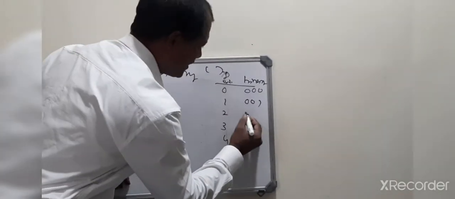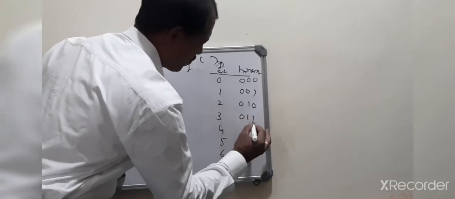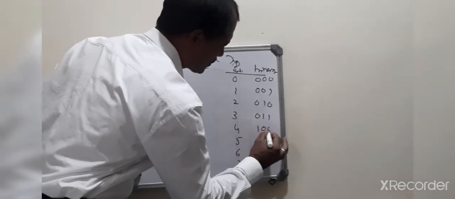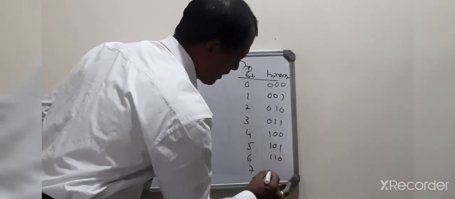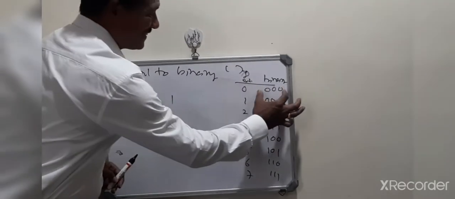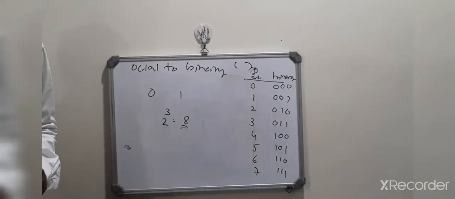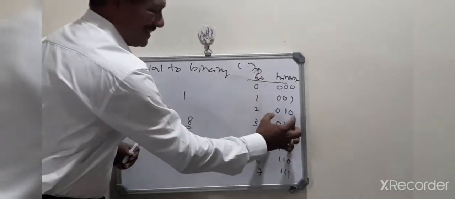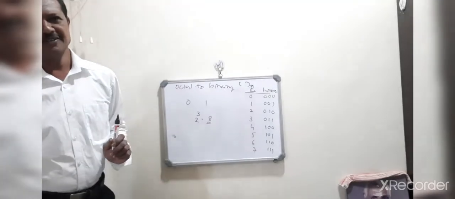Next, for 2 it is 0 1 0, 3 is 0 1 1, 4 is 1 0 0, 5 is 1 0 1, 6 is 1 1 0, 7 is 1 1 1. So how many combinations are there? 8 combinations. So you can write the particular combination for the equivalent octal number.